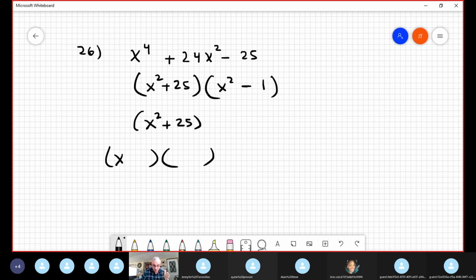This example is plus and minus 5i. But in the real field, we consider it a quadratic irreducible expression, and this is prime. We cannot break it down. When it's minus, yes. When it's minus, the famous difference of squares that you know very well.